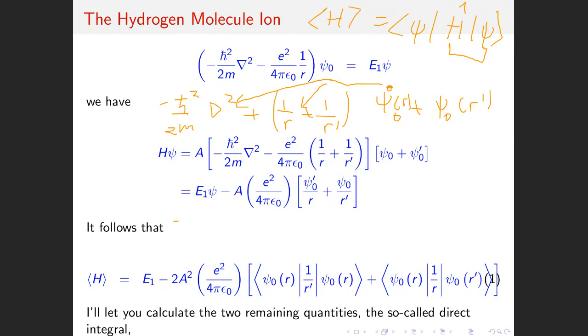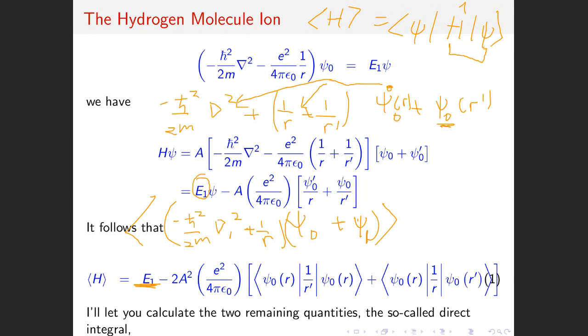So maybe I write everything down: minus ħ²/2m ∇₁² plus 1/r acting on ψ₀. You get a similar term, but this will just be, say, ψ₁, which is this one, right? So once you take that expectation value, it's just going to give you that E₁.